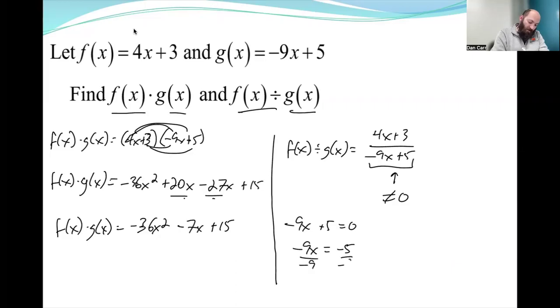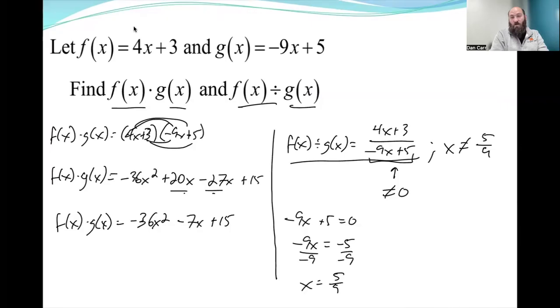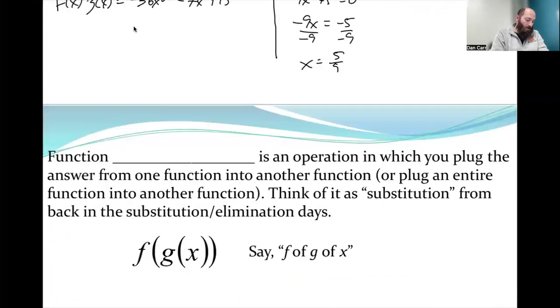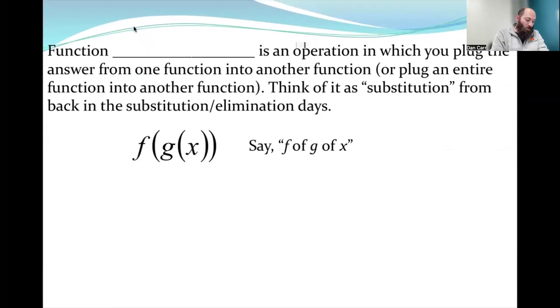Dividing by negative 9, x equals a positive 5/9. So this is my new function, but also x cannot equal 5/9. It's important to recognize that we are restricting our domain when we go through and do our division. Okay. So the next one is a function composition.